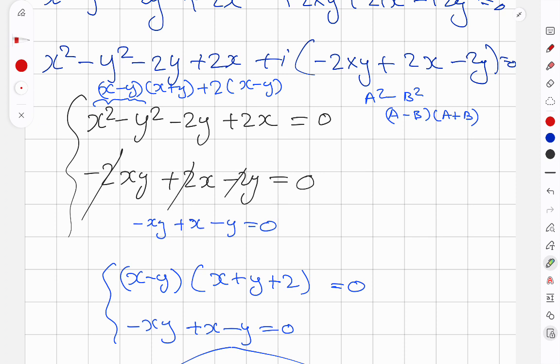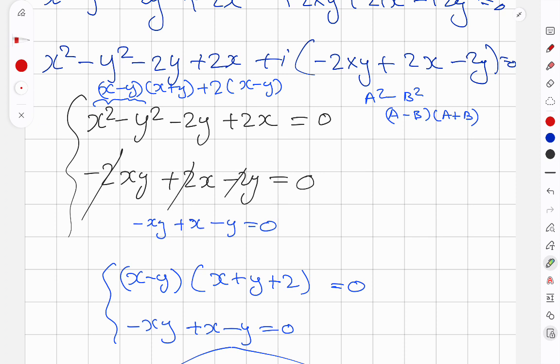And in the second equation, I can write xy plus x minus y equal to 0. Then this one, if you take x minus y common, this one will be x plus y plus 2 equal to 0, and this is xy plus x minus y equal to 0.